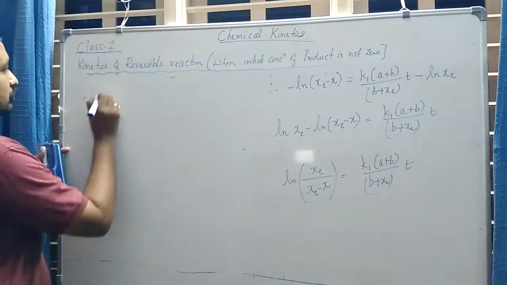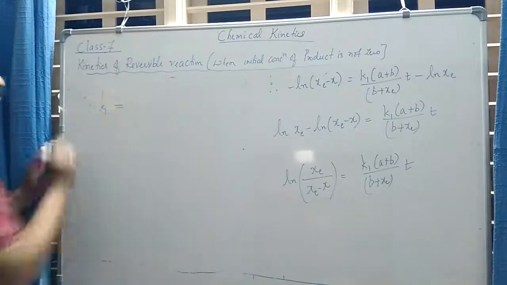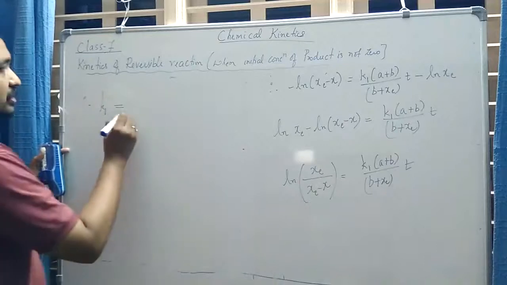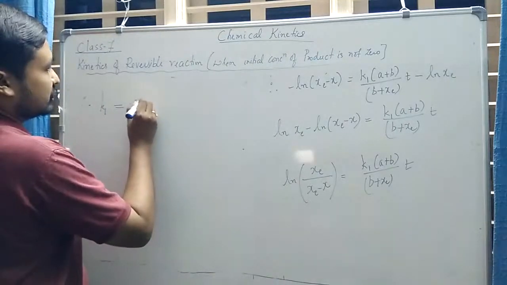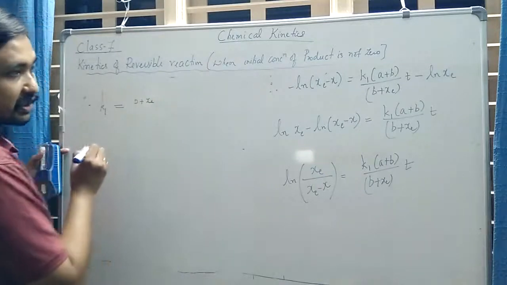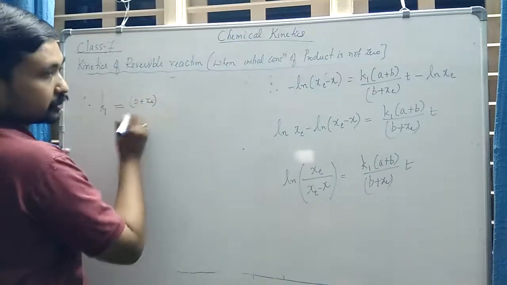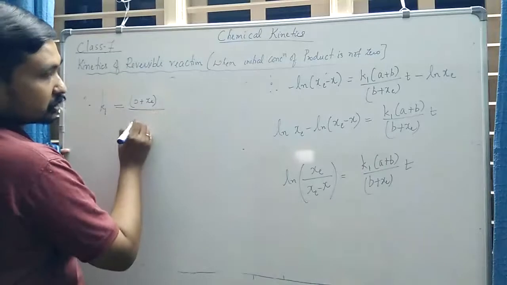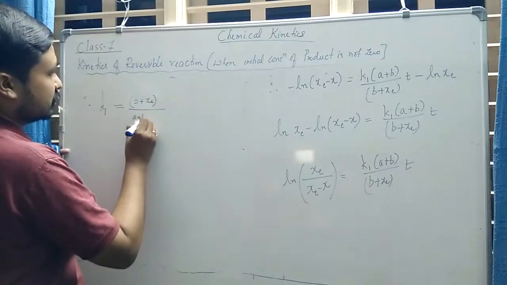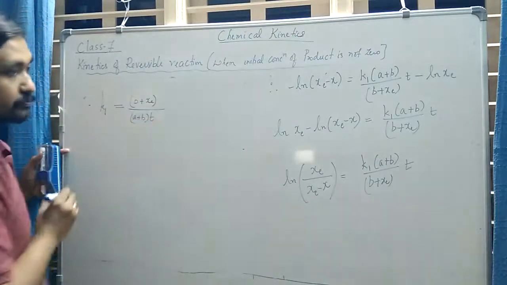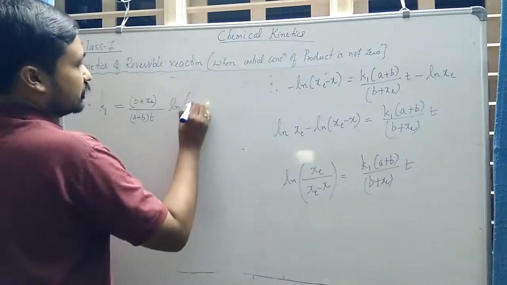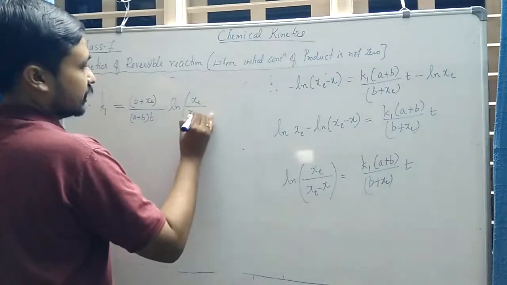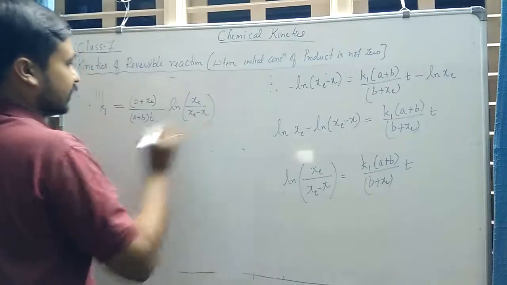Therefore, the rate constant k1 for the forward reaction is b plus xe divided by a plus b into t, into ln of xe divided by xe minus x.